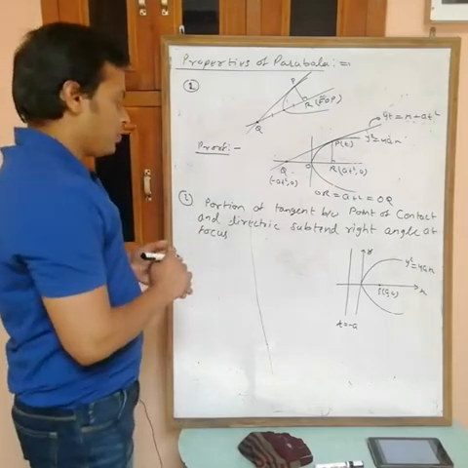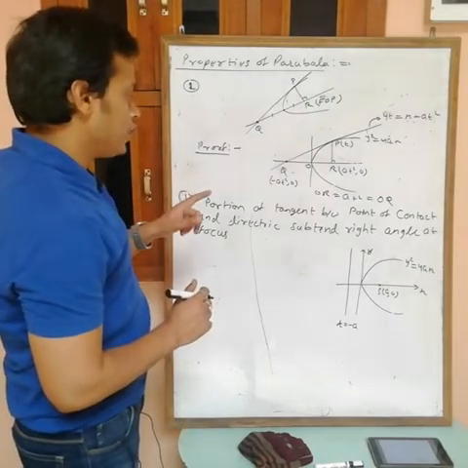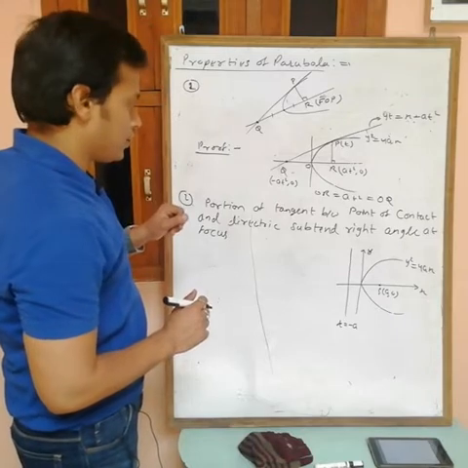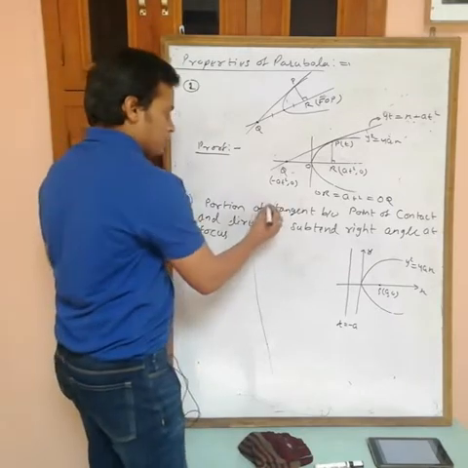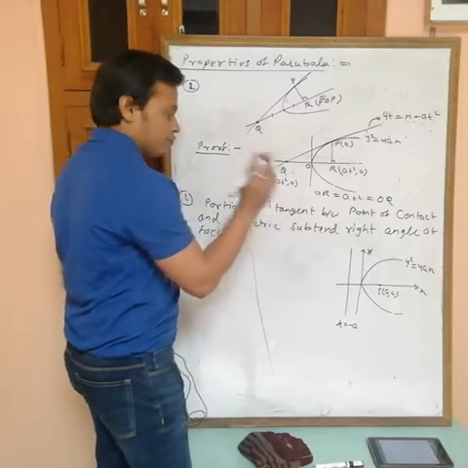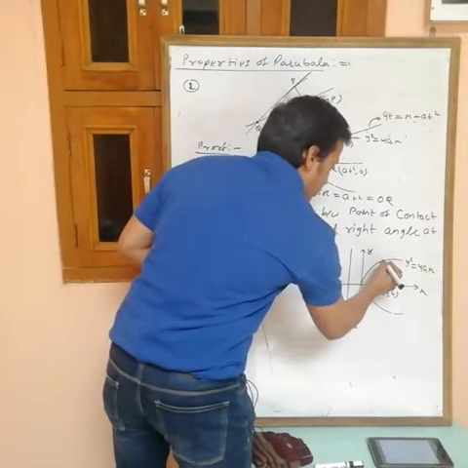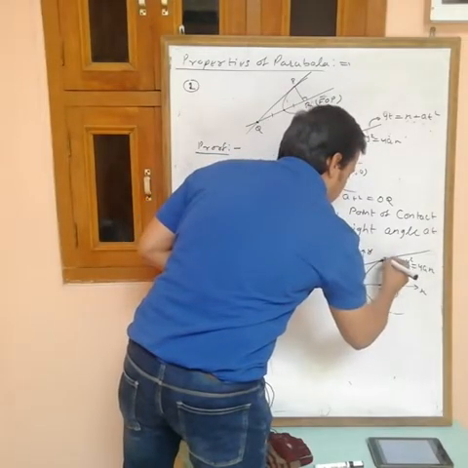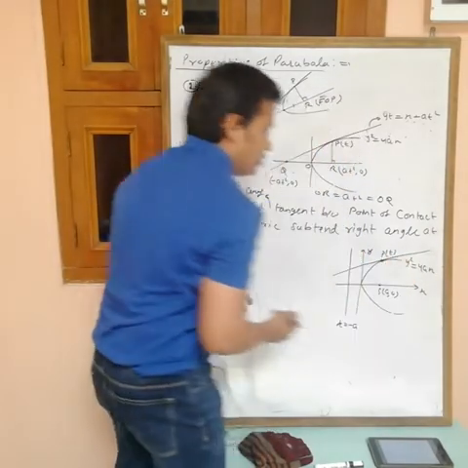Now what is the property? That the portion of the tangent between the point of contact and the directrix, the portion of any tangent, this is true for all tangents. Now suppose I draw any tangent at point P, whose parameter is t.